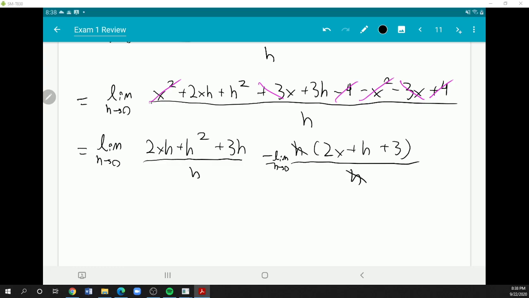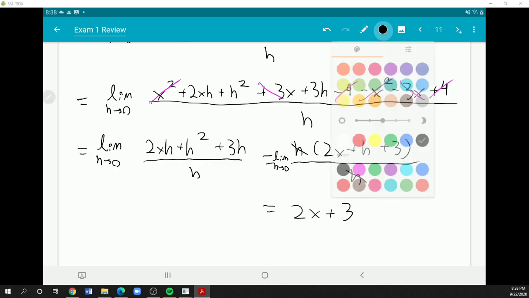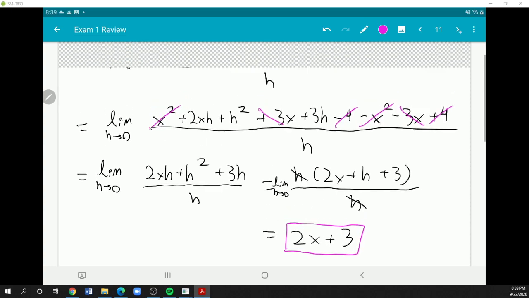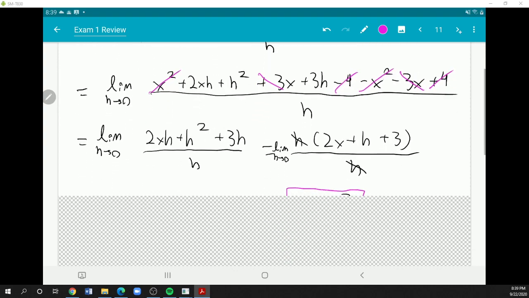The h's cancel. I'm left with limit of 2x plus h plus 3, which equals 2x plus 3. And we could check this by the power rule and see that that is in fact the derivative. But if it says use the definition, you have to go through this process.